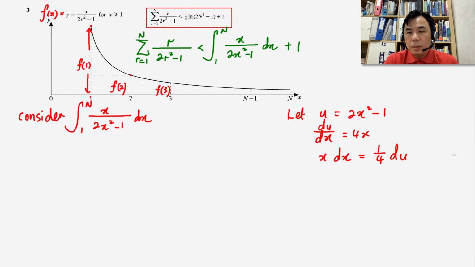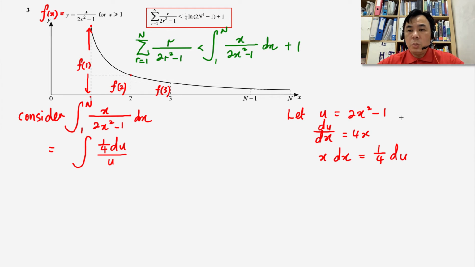Once you are ready with this, we are able to substitute, because the numerator is a u, and the denominator x dx is a quarter of du. I'm going to drop the boundary first, because later I'm going to replace the u.